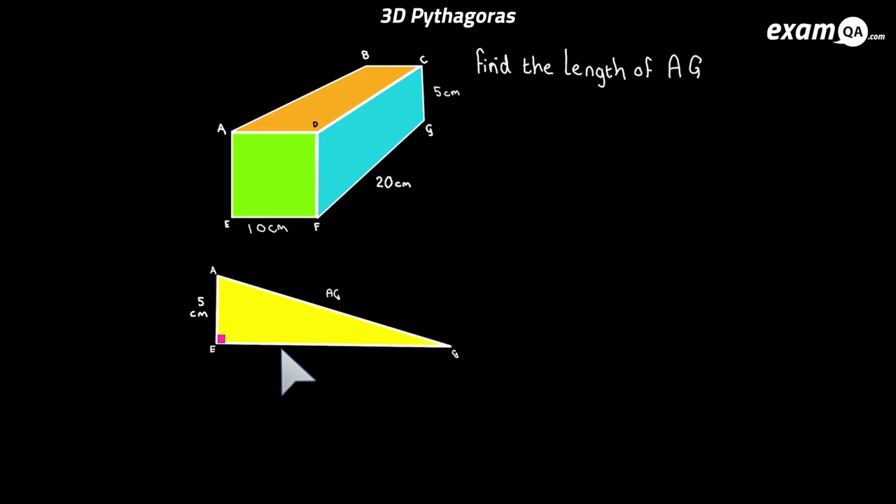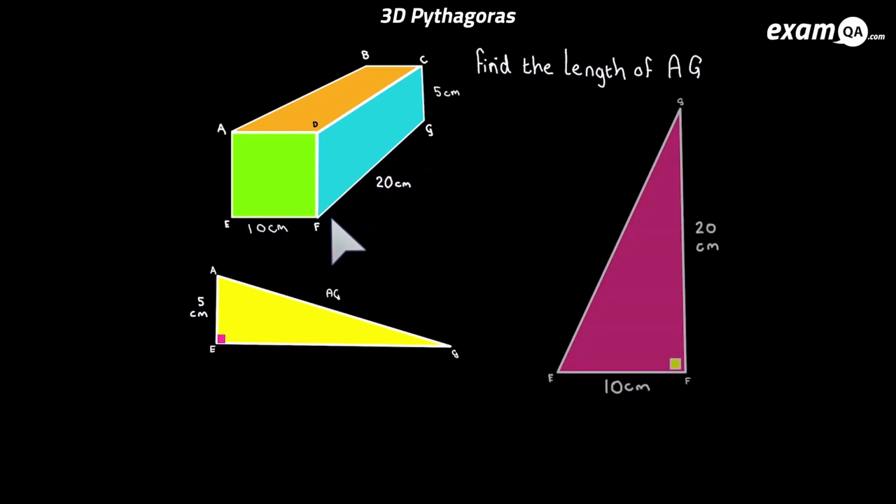Now, guess what? We're going to draw another triangle which has EG in it. And preferably we want a right angle triangle. So think of a right angle triangle which has EG in it. And the best triangle to pick is EGF. So here I've got EGF, and it's a right angle triangle. And I've put in the parts of that triangle which we know.